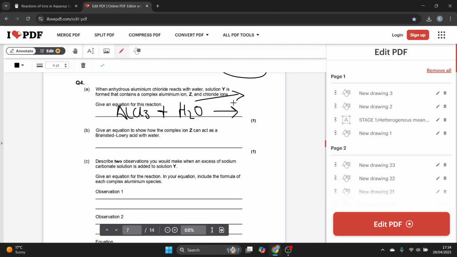H2O is a ligand, so I know I'm going to undergo, what's it called? Ligand substitution. So then what am I going to form? Cl minus ions.